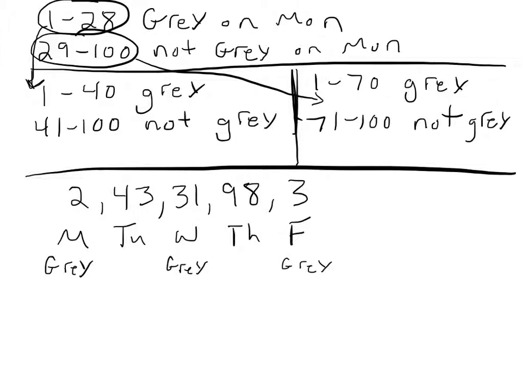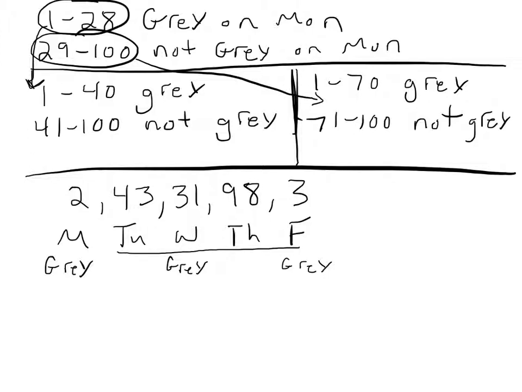So notice for Tuesday, Wednesday, Thursday, Friday, I was using those guidelines for whether or not the suit I was wearing was gray, because on Monday I wore a gray suit. I can't stress this enough: if I wear a gray suit, then I'm using those numbers for the week. If I do not wear a gray suit, then 1 to 70 represents gray, and 71 to 100 represents not gray for the rest of the week.